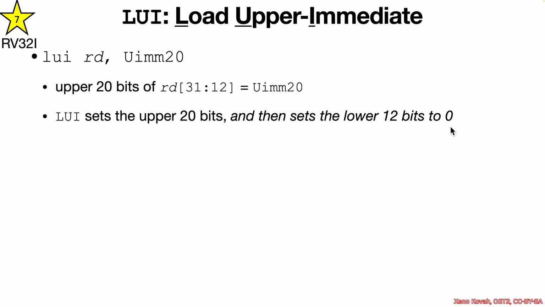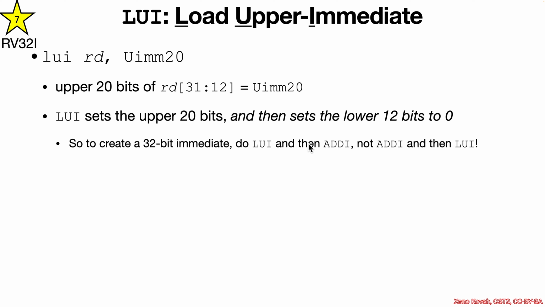So that means if you're trying to create a 32-bit constant, you need to do a Louis and then an add I to set the bottom 12 bits, not an add I and then a Louis, because the Louis would wipe out the bottom 12 bits and set them to 0. So Louis and add I is how you set a 32-bit value into a register, whether it's a 64 or 32-bit register. And spoiler alert, shifts are how you can create the full 64 bits, but we'll learn about shifts later in the class.